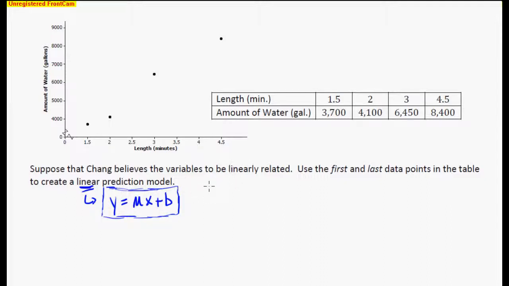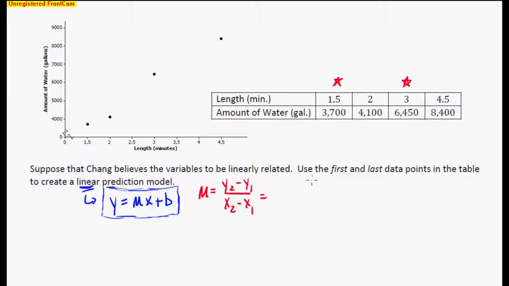All right. First thing we're going to need is the slope. All right. So let's try to go to our slope equation. y2 minus y1 over x2 minus x1. And let's plug in some values here. I'm going to plug in, let's take this one right here, and let's take this one right here.